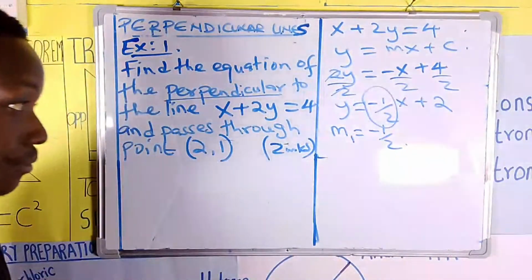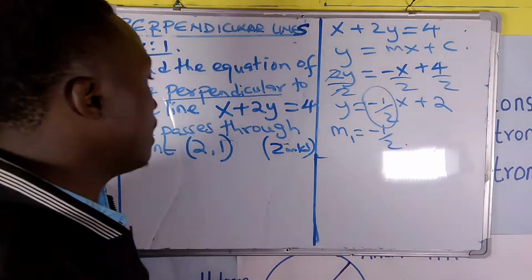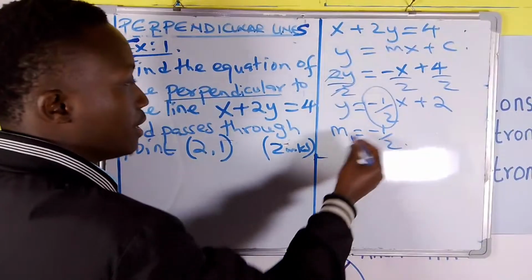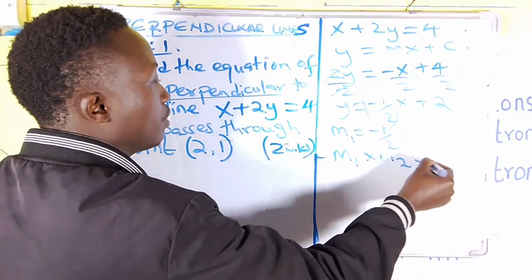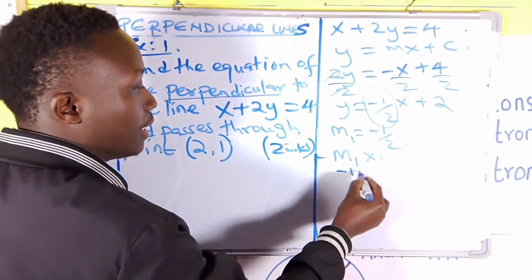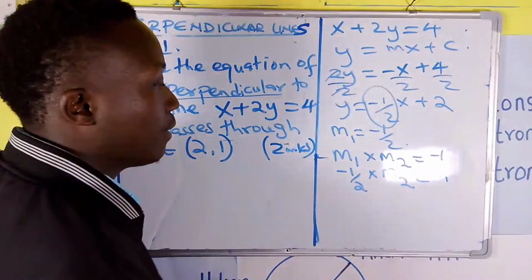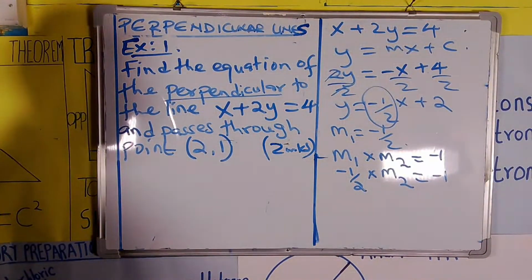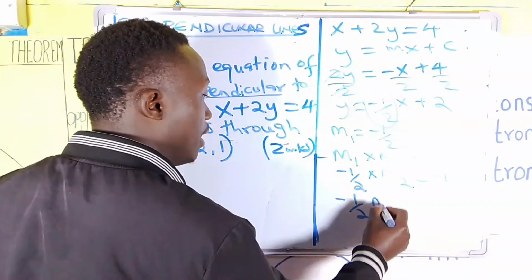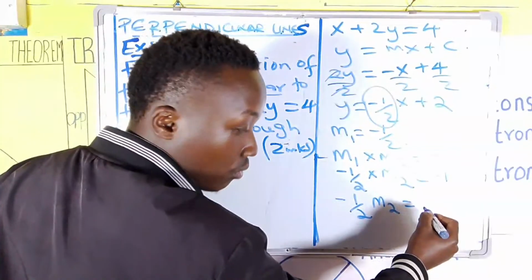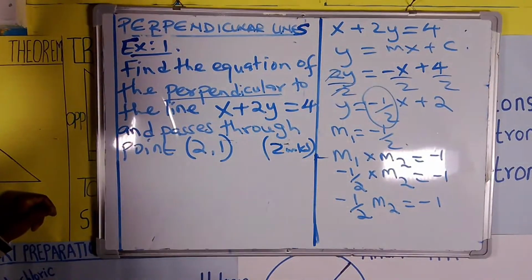Remember, m1 times m2 is equal to -1. So we take -1/2 times m2 is equal to -1.